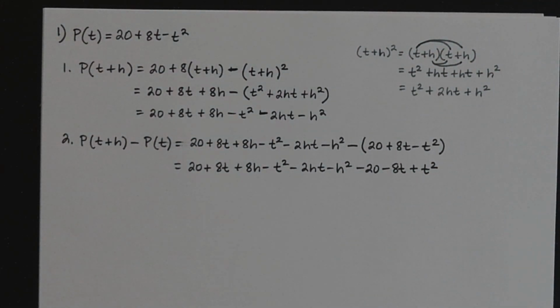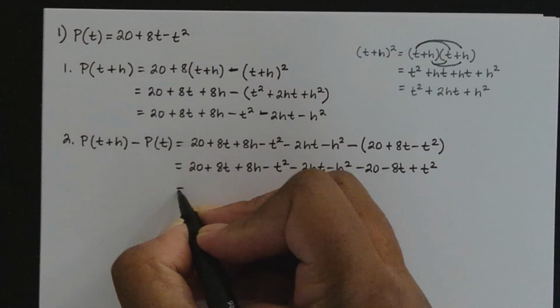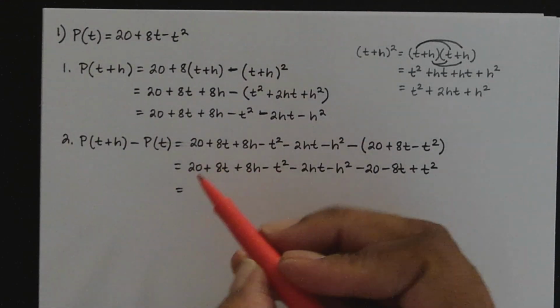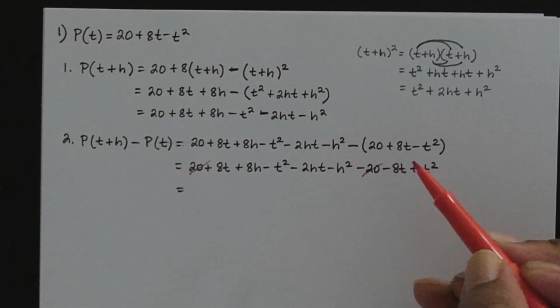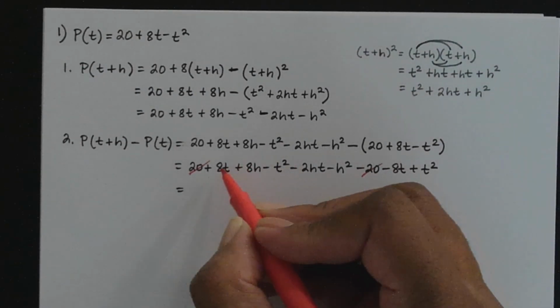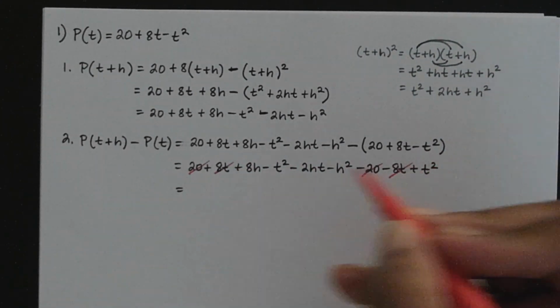And then we simplify this. All terms that do not have an H in it should be eliminated. Like this 20 and minus 20, that's gone. Let's see, 8T and a minus 8T, that's gone.